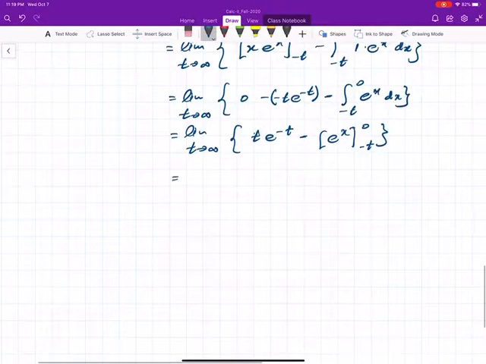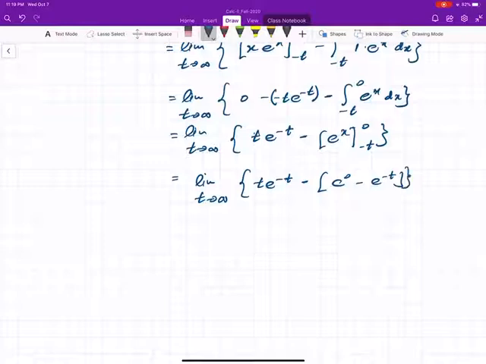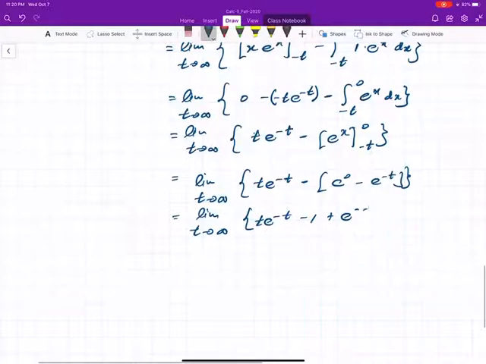Then simplify inside: limit as t goes to infinity of t e^(-t) minus (e^0 minus e^(-t)). Again, the limit as t goes to infinity of t e^(-t), and e^0 is 1, so minus 1, and then plus e^(-t).